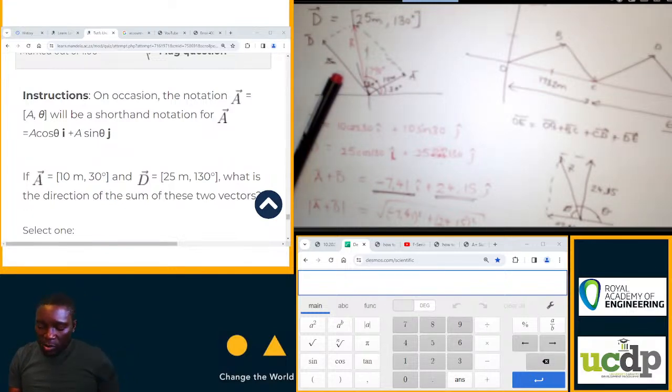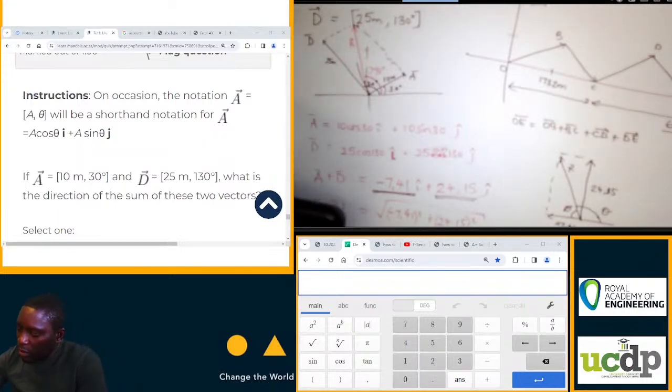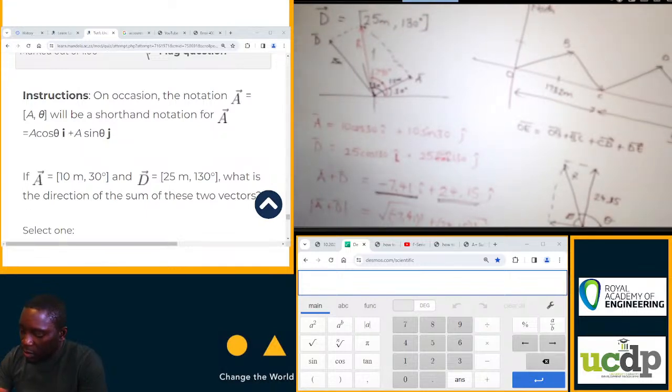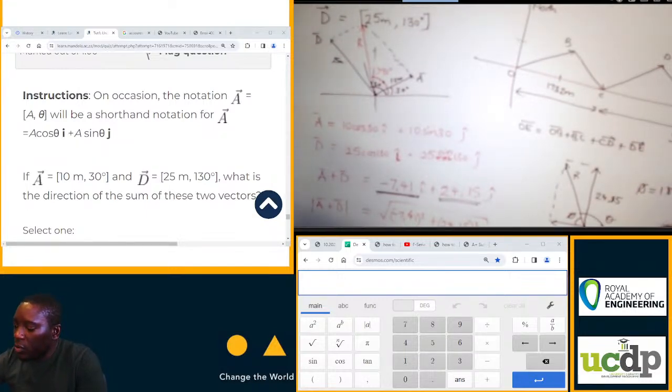So arctan of 24.15 over negative 7.41, that's arctan of negative 3.26, which gives phi equals 72.9 degrees, such that theta is equal to 180 minus 72.9 degrees.